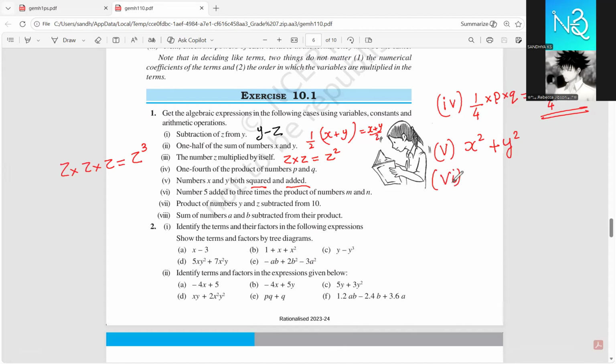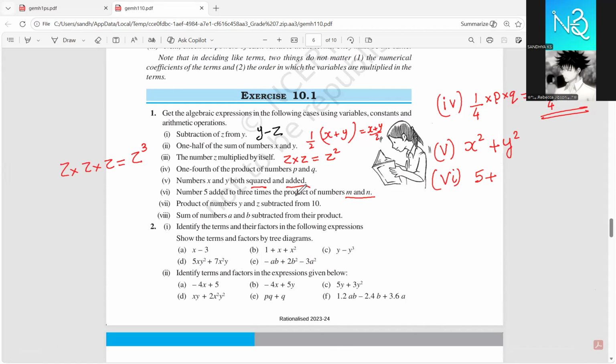Okay, next. So sixth one. Number 5 added to 3 times the product of numbers m and n. 5 plus m plus bracket m into n.